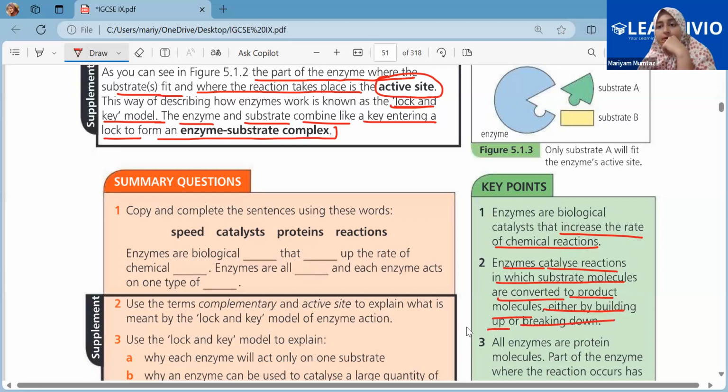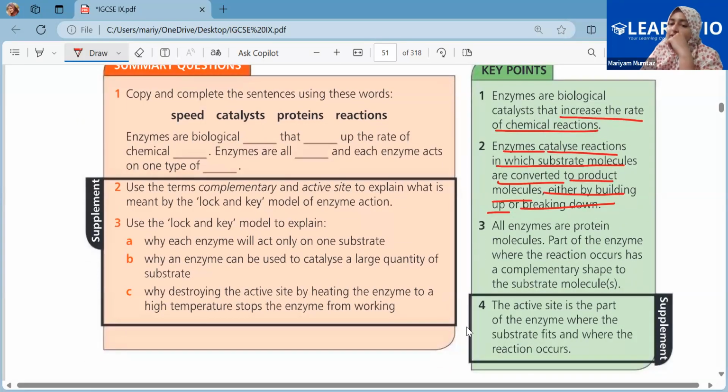Now, all enzymes are proteins. The part of the enzyme where the reaction occurs has a complementary shape to the substrate. This part wherein the substrate fits is the active site of the enzyme, and this is where the reaction takes place. These 4 points are clear to you?